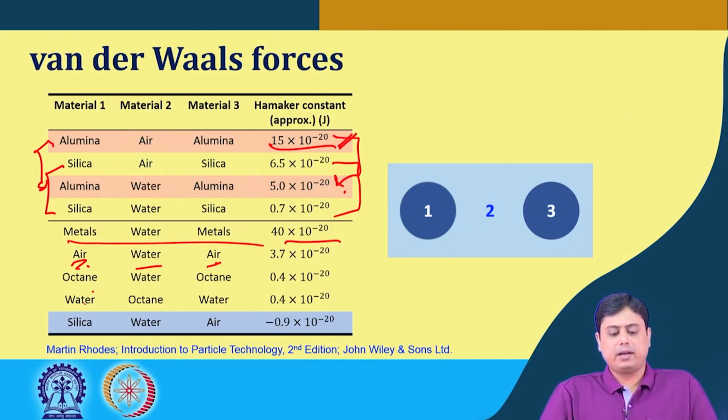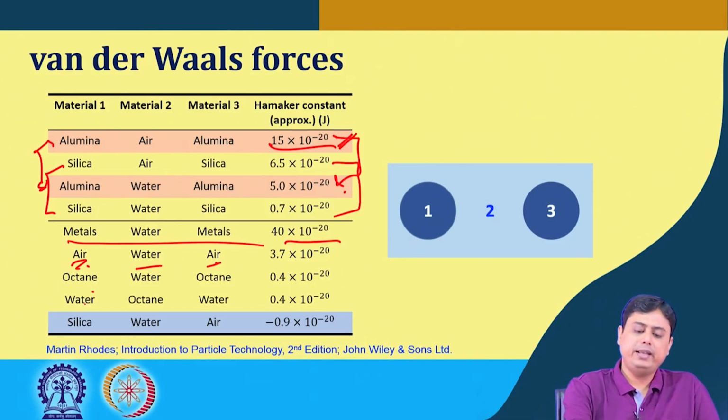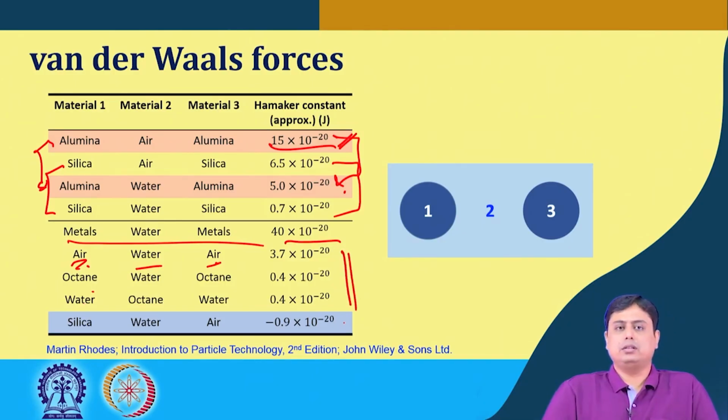That is why the Hamaker constants are listed here as well, to give you an idea of their strength between, say, air bubbles in water, or oil in water emulsion and water in oil emulsion.